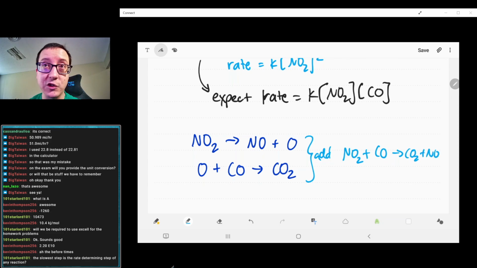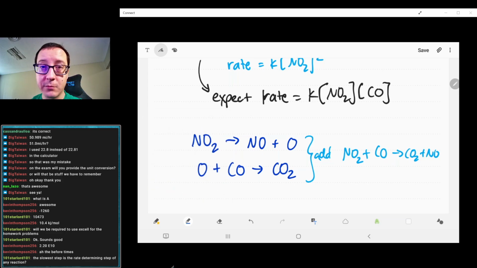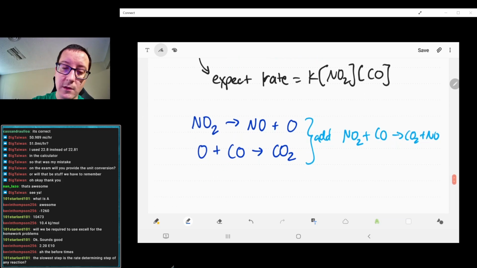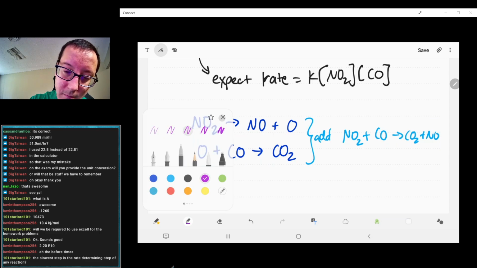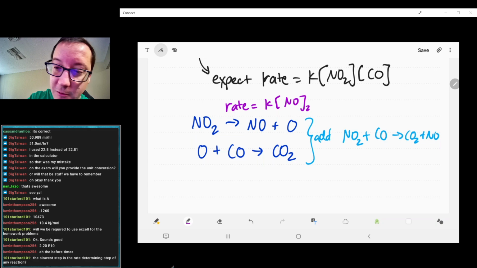We see that the oxygen will cancel out, that one oxygen. If we look at these two particular steps, we would say it's K times NO2.